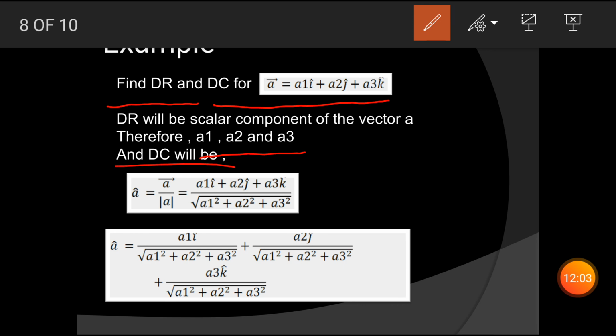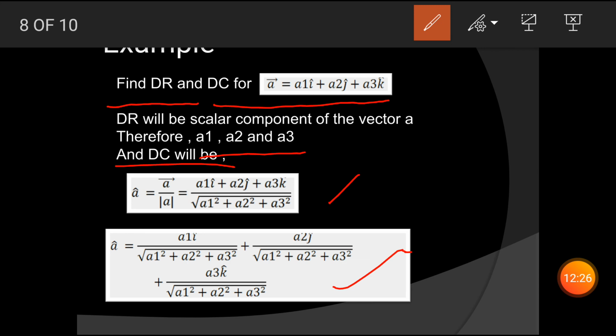What about DC? You know that these are the scalar components of the unit vector. How to calculate the unit vector of this vector? A vector divided by its magnitude. So just divide it by the magnitude, and you will get this result. So what are the scalar components now? a1 upon under root a1 square plus a2 square plus a3 square.